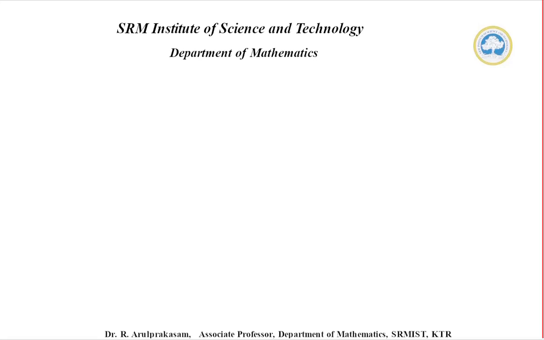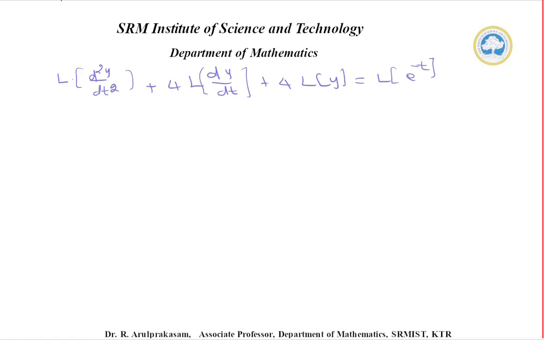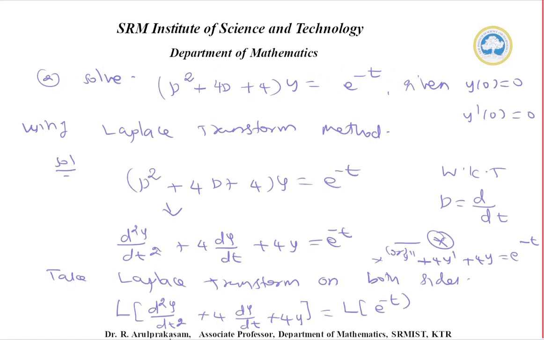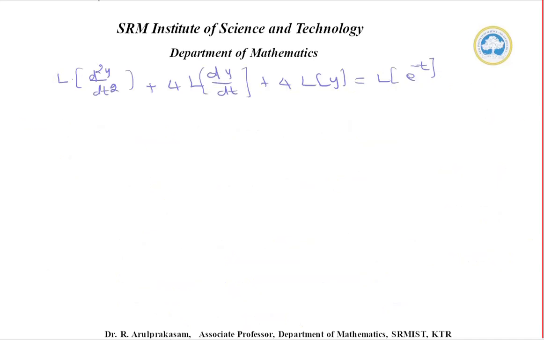Applying the linearity property of the Laplace transform, I'm getting L of d²y/dt² + 4 L of dy/dt + 4 L of y is equal to L of e^(-t). This is the given equation for our concept.